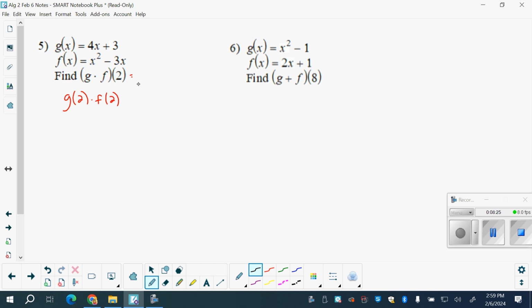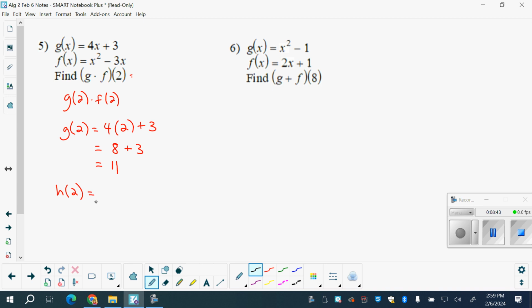So we're still going to find our g of 2. Our g of 2 would be 4 times 2 plus 3. 8 plus 3 is 11.